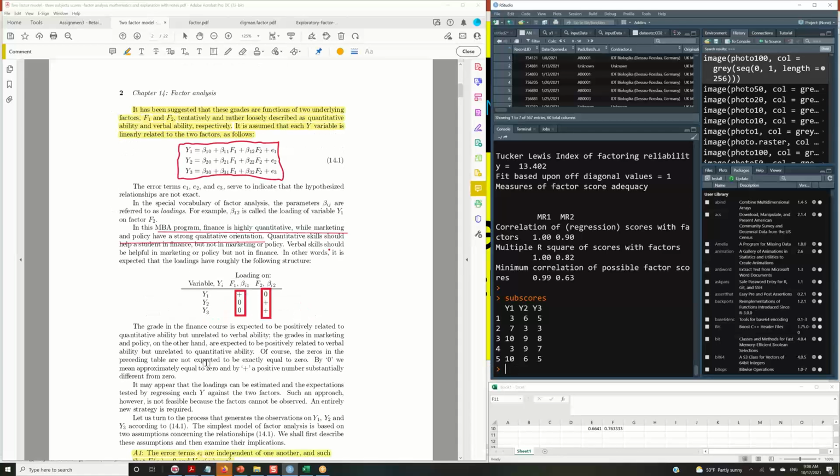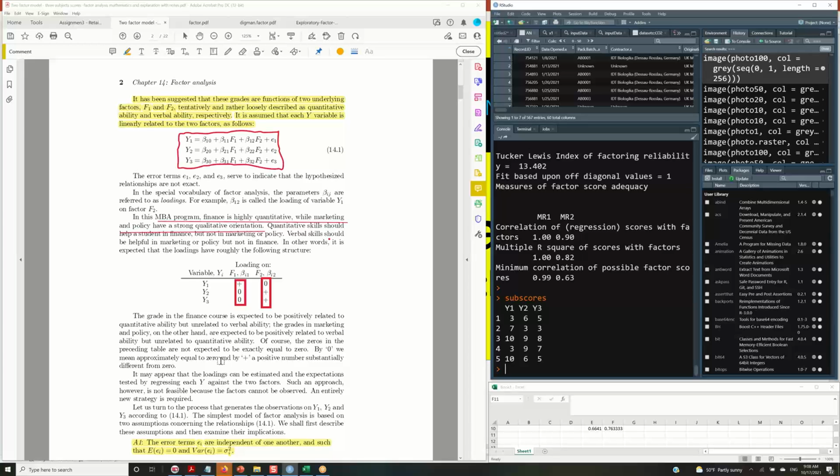Now, I told you yesterday that what we are trying to do is we have 3 scores for every student, and we want to know what the underlying factors are.